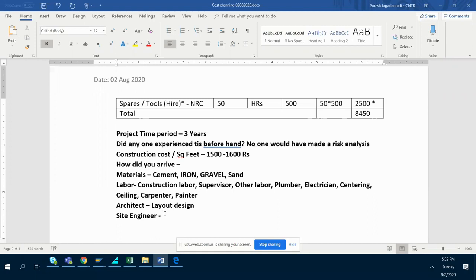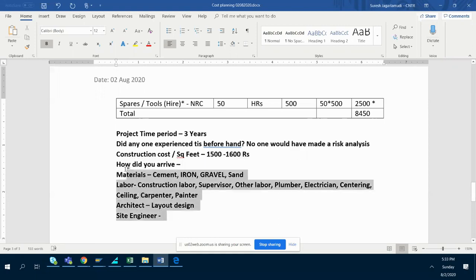If you ask anybody what the square feet cost is, they will tell you 1000 to 1200 rupees in Hyderabad. As you said, 1500 to 1600 only for the ground floor. If you go for more floors, your construction cost will come down to about 1200 rupees. That is what everyone knows.